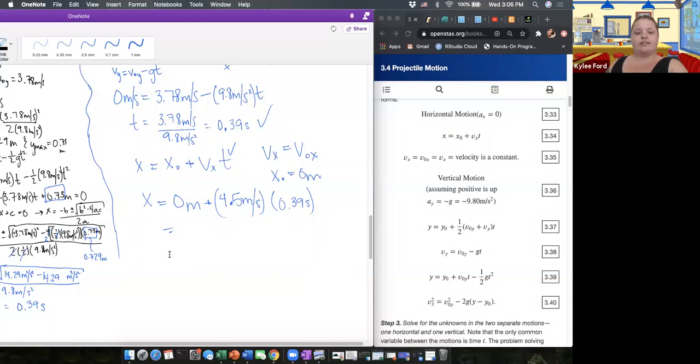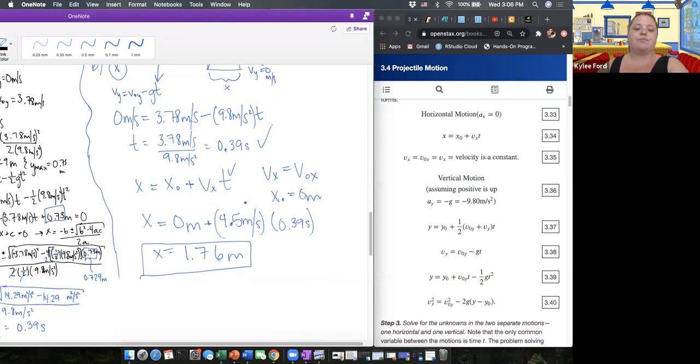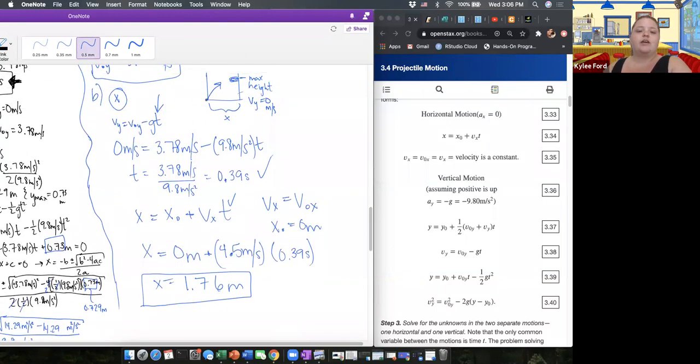So I got 4.5 times 0.39, and that gives me my position: 1.76 meters. So this is the position that this guy needs to start jumping in order for his maximum height to also be the hoop height.